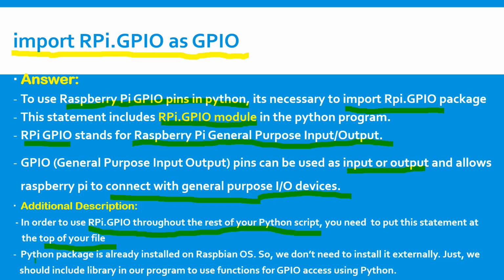This Python package is already installed on Raspbian OS, so we don't need to install it externally. We just should include the library in our program, by using which we can access the GPIO pins. So this is about import RPi.GPIO as GPIO, which is basically used to include the RPi.GPIO package in your Python program.